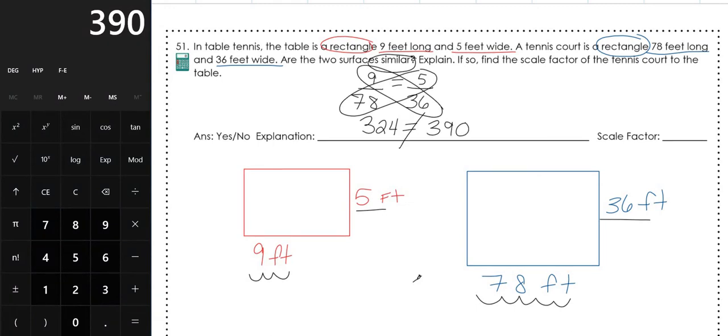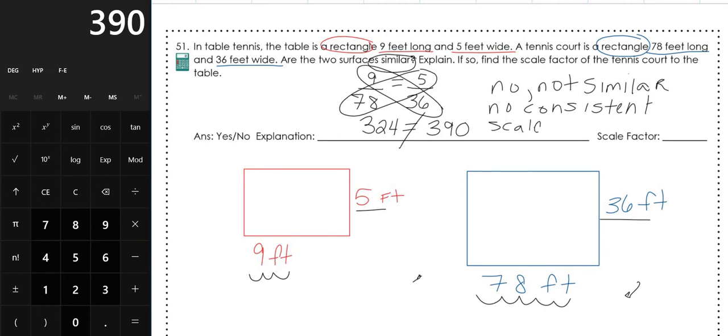So if they're not equal, that means the two figures are not similar because there's not a consistent scale factor. So I'm going to say no, not similar, and my reason would be that there's no consistent scale factor.